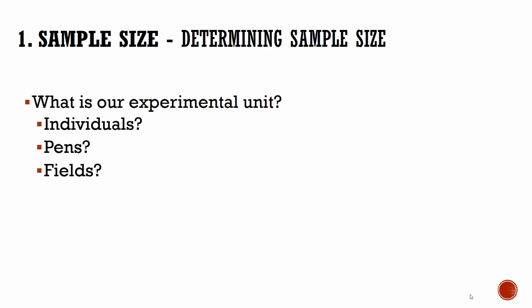For example, is the experimental unit for a research project going to be an individual animal or plant? Is it going to be a pen of animals? Is it going to be an entire greenhouse of plants? Or is it going to be entire fields? How we define our experimental unit is really critical in how we interpret and how much pressure we put on our sample size.